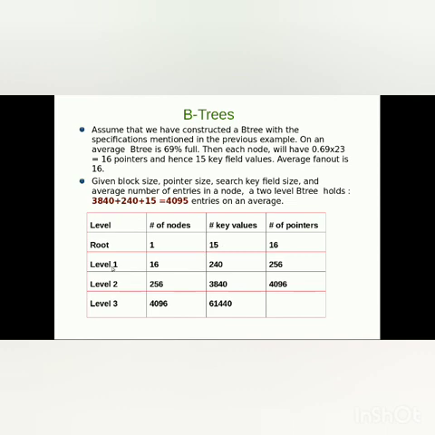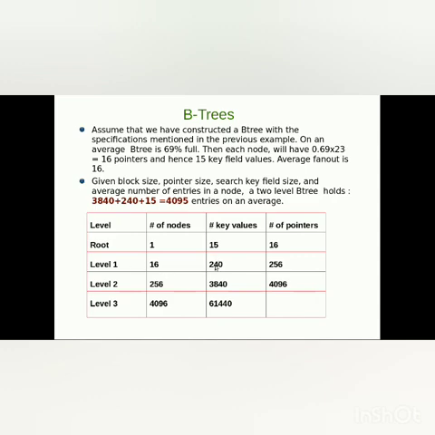In level 1, how many nodes? Because there are 16 pointers, there will be 16 nodes in level 1. That means 16 into 15, the number of key values in a node: 240 key values in level 1.